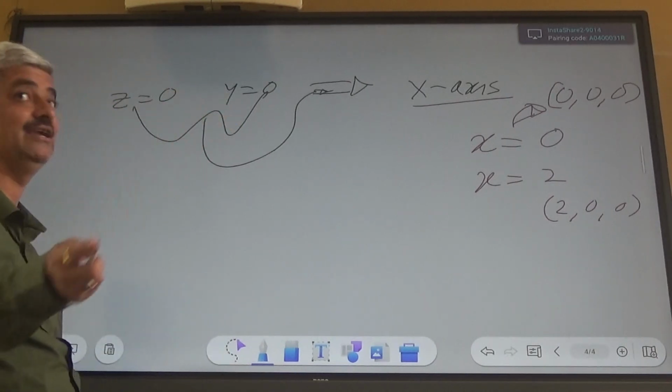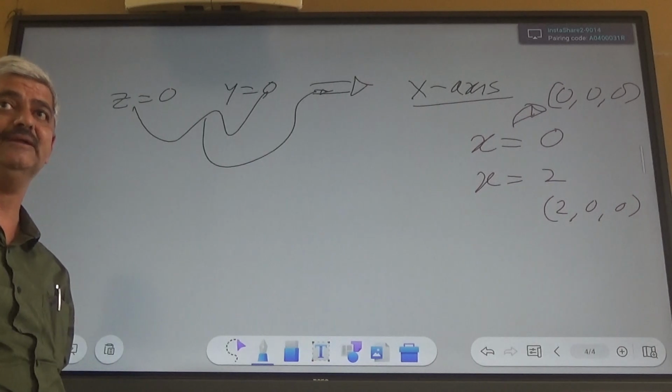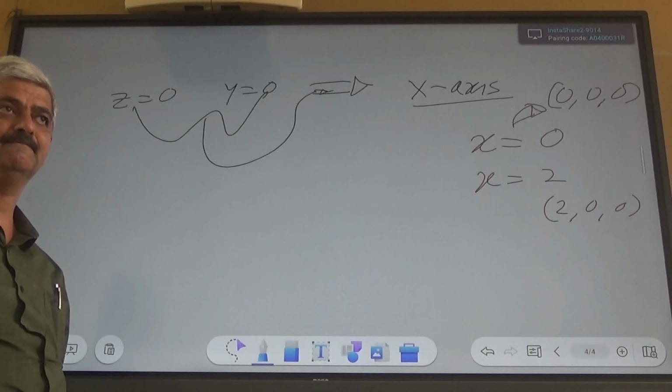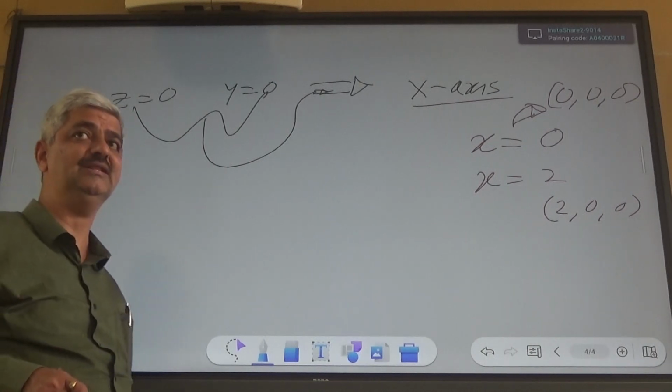X plus Z equal 5. What will happen? How that plane would be? ते काय कुठं क्रॉस होईल?